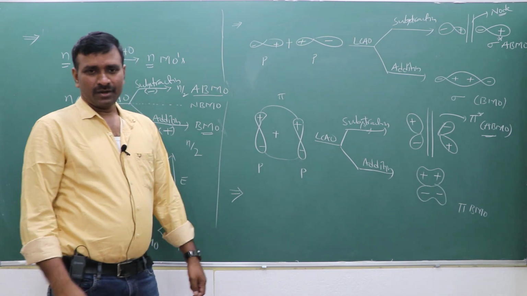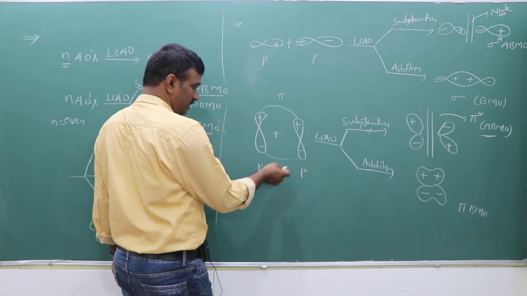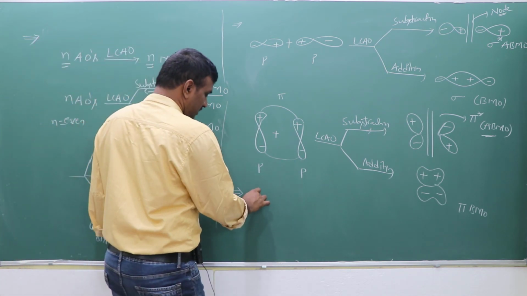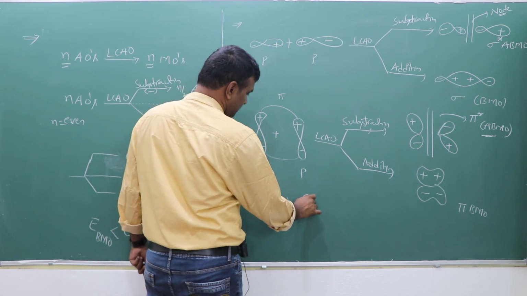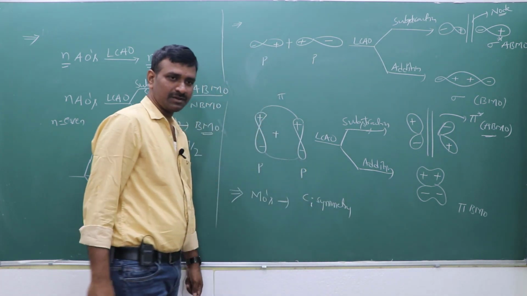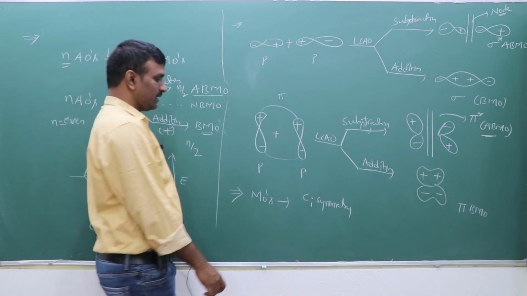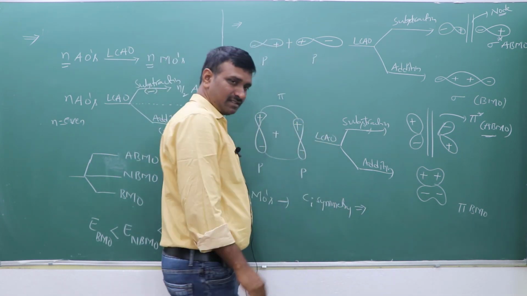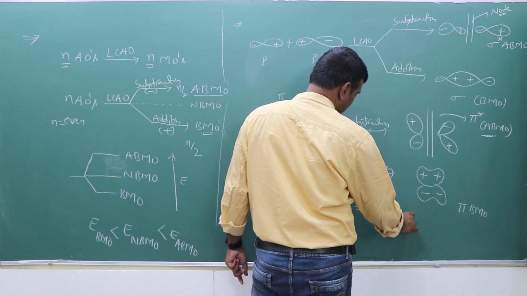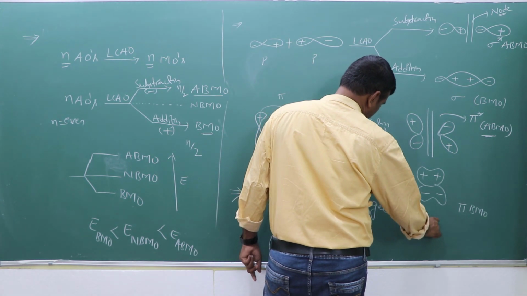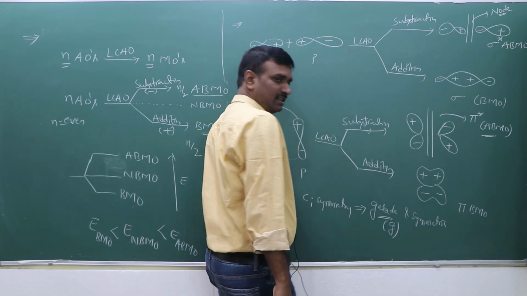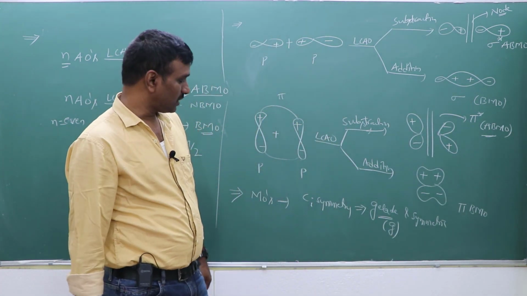For molecular orbitals, whatever they are, sigma, sigma star, pi and pi star, if they have CI symmetry, that is a center of inversion, or center of symmetry, then they are gerade and symmetric in nature. Gerade can be shown by a small g.